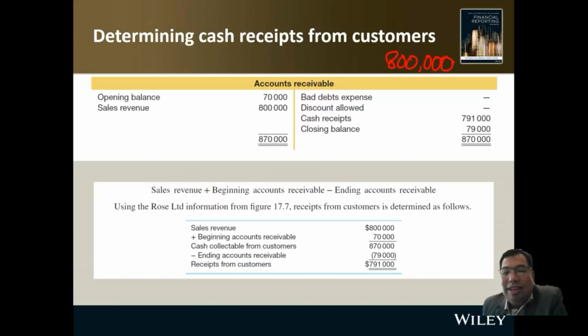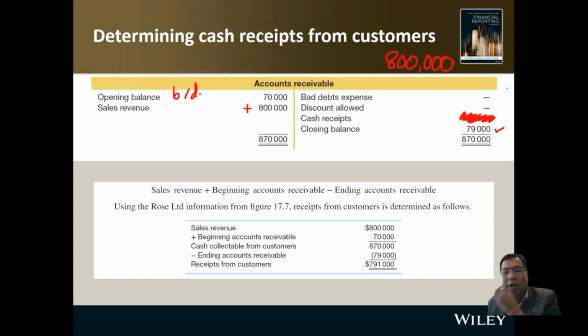If I'm using the account receivable account here, this is your balance 70,000. This is your balance BD. And then we record the sale, assuming that all these are credit sales. So it's going to be debit account receivable, credit sales. So I'm going to add 800,000.